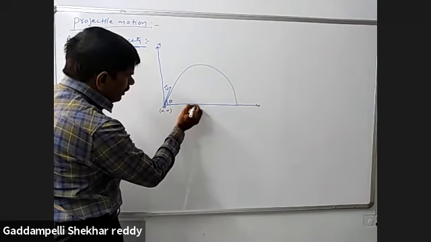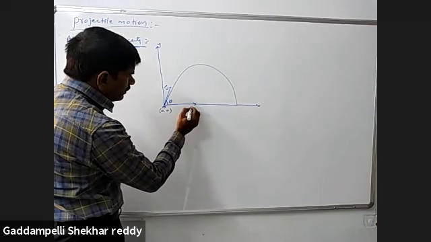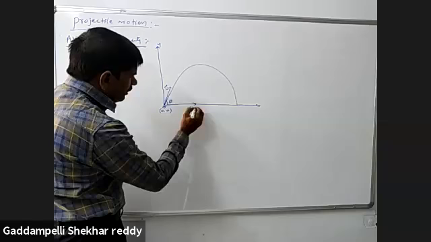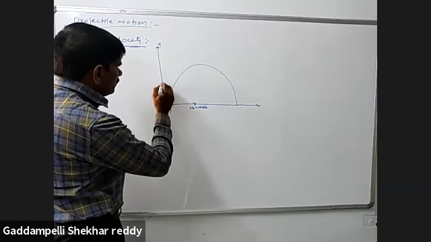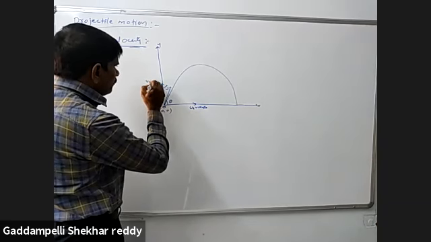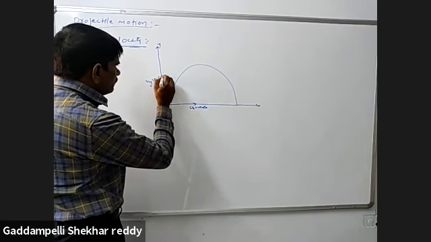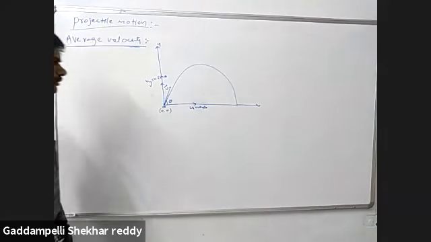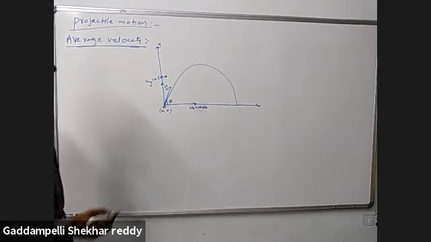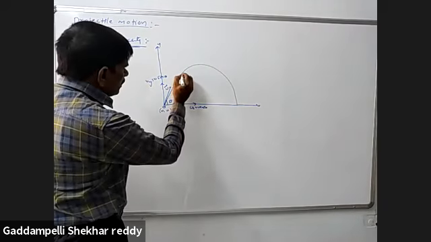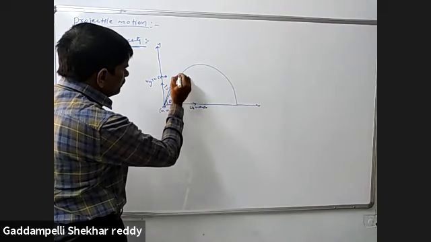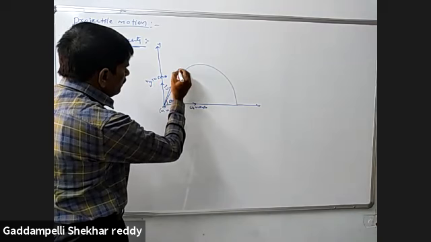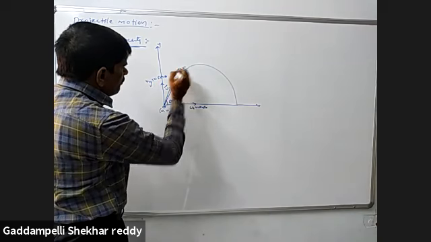At this point, resolving the velocity into two components, ux is equal to u cos theta, uy is equal to u sin theta. After a time t, the projectile is at point P, with coordinates x, y.